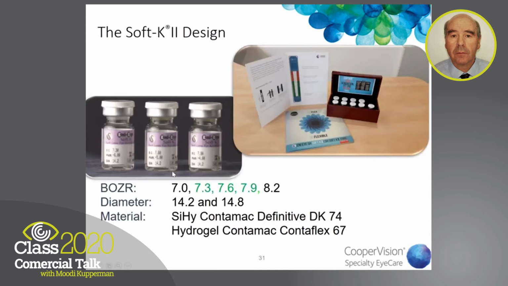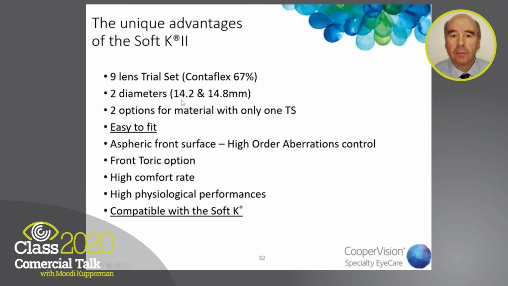So if this was the three lenses normal trial set that we used before, today we are giving 9 lenses of trial set in 2 diameters. The trial set is manufactured from Contaflex 67 because this is a very stabilized material. If we were making this from silicone hydrogel, we would have to change it every 3 months since opening the trial set.